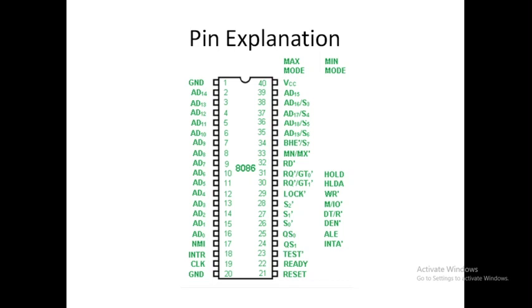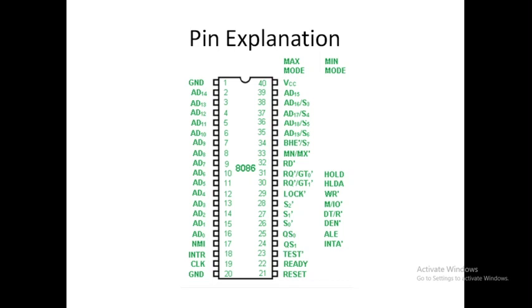Now the RESET pin, 21. This pin requires the microprocessor to terminate its present activity immediately. The signal must be active high, 1, for at least 4 clock cycles. So reset means whatever activity is going on, it will be terminated.